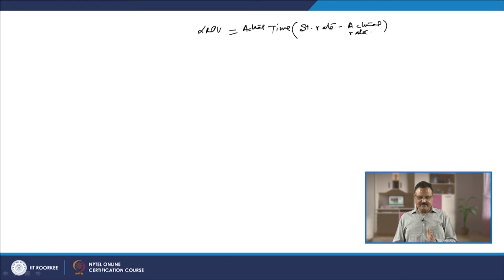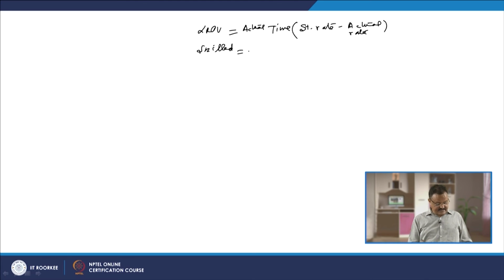So the standard rate will be outside, and the standard time and the actual time will be inside. If you want to find out the labor rate of pay variance, you have to start with the actual time into standard rate minus actual rate, and that way you will be able to calculate the labor rate of pay variance.